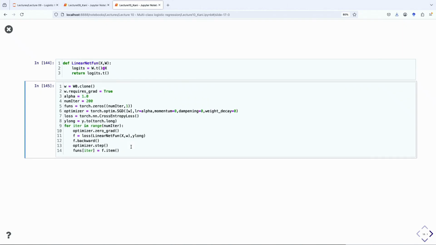We could simply define the logits, which are the parameters times x. That's good. And then we simply say the loss is equal to this cross entropy loss.